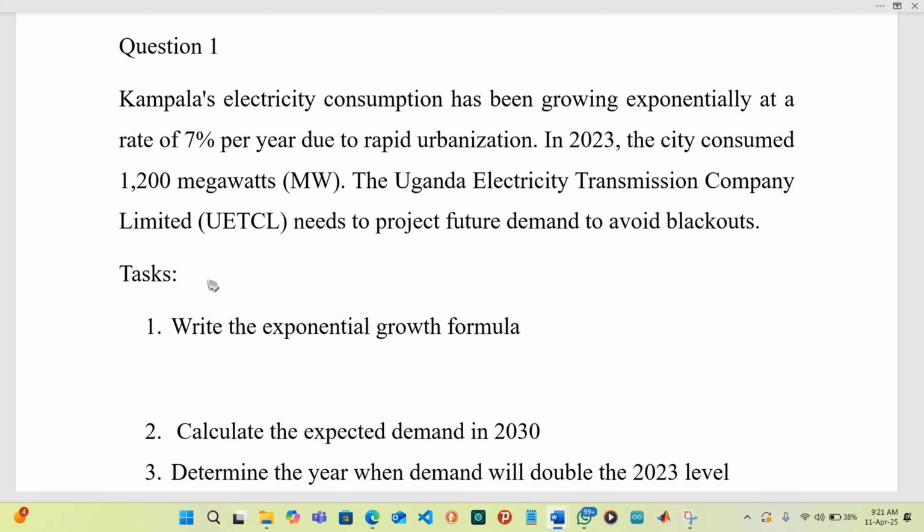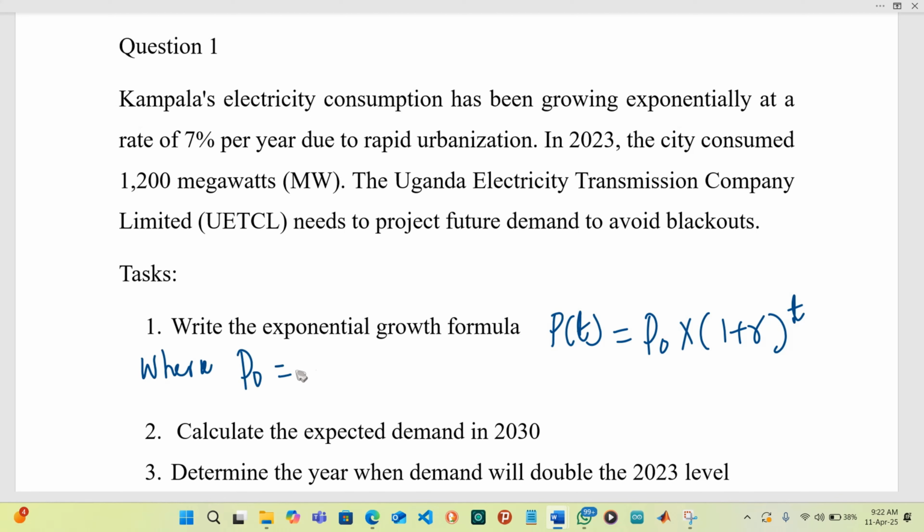The task at hand is to write an exponential growth formula, and it has been given to us as P(t) = P0 times (1 + R) to the power t, where P0 is equal to 1,200 megawatts.